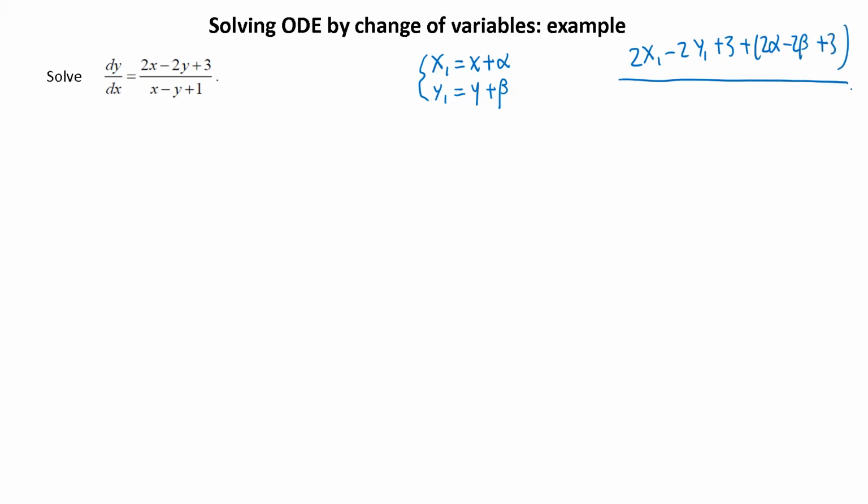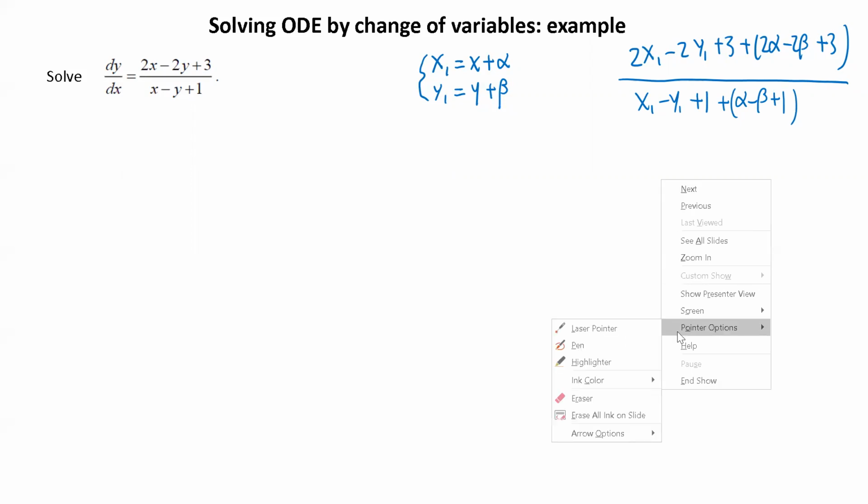And then the denominator, what you'll find is this. If you actually do this substitution, that's like what we did in the last tutorial. And now you realize that there's a mistake here.